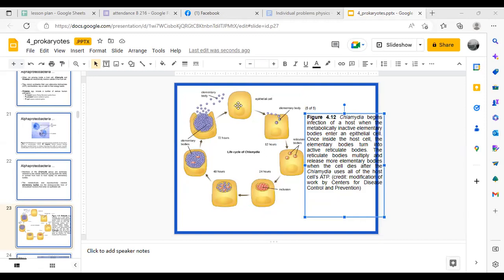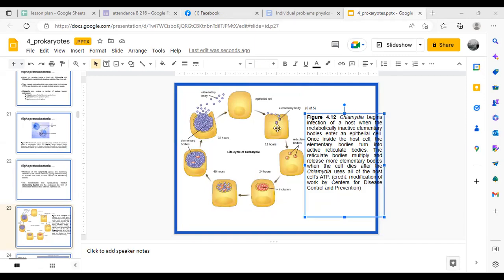Okay, so let's start with this. You have an epithelial cell. Your elementary body of the chlamydia penetrates into the epithelial cell.